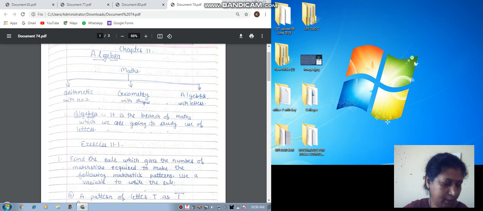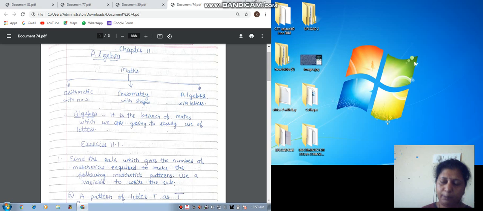Now on this topic we have studied about the matchsticks. Do you remember how we studied? For the formation of one L, two matchsticks are required. For two L, four matchsticks are required, and so on. That means for 3L we require 6 matchsticks.